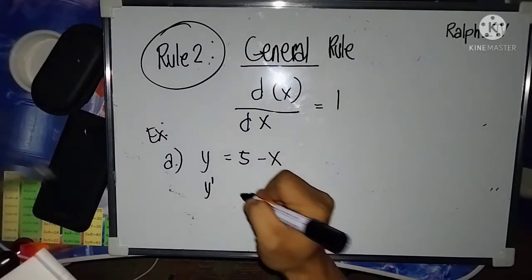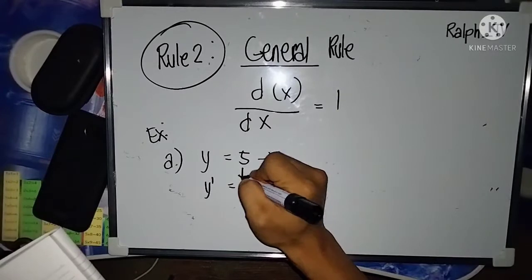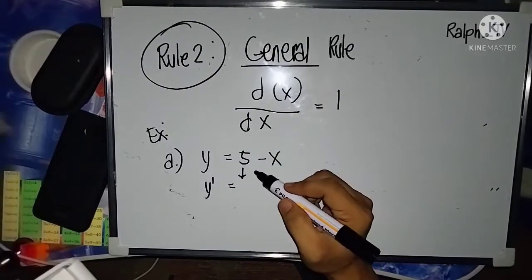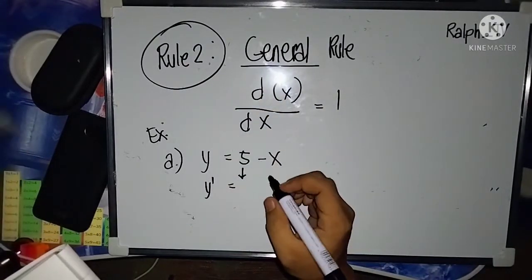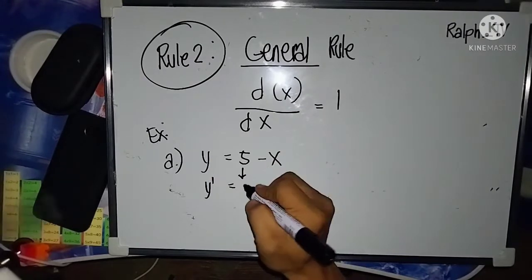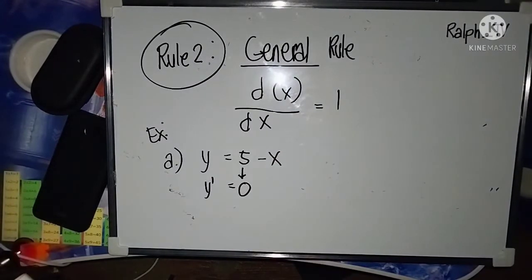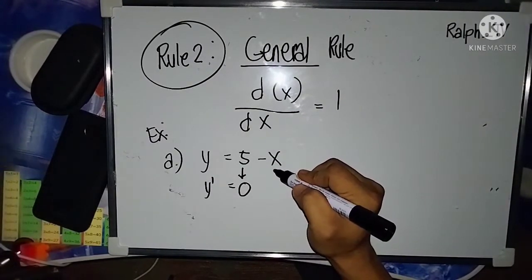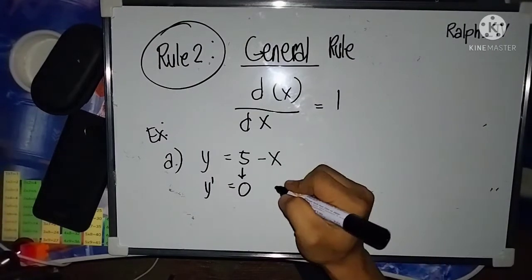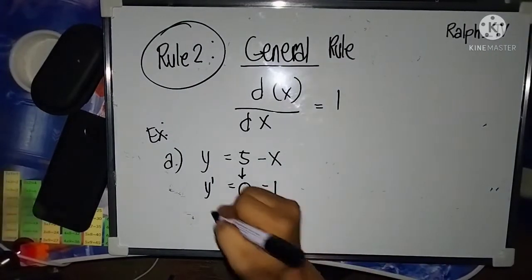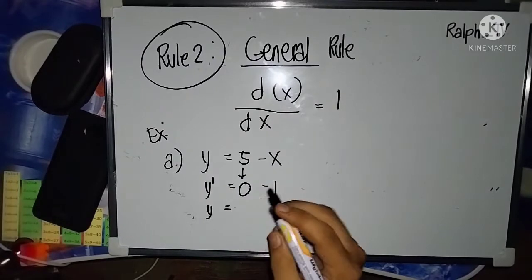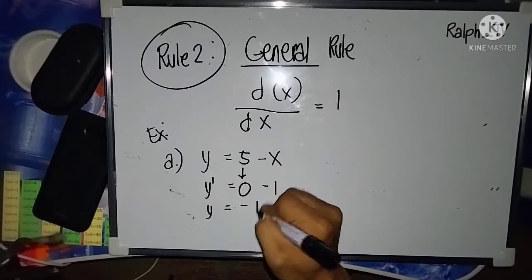Is equals to, itong 5, constant. So, sa rule number 1, any number, whole number na constant is equals to 0. And the x, which is 1, so we put 1. So y prime is equals to negative 1. Yan yung answer.